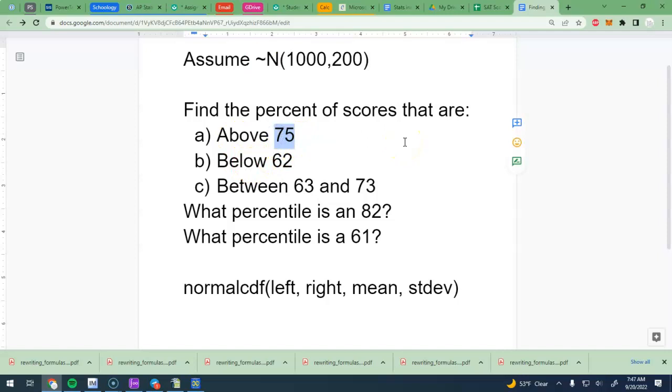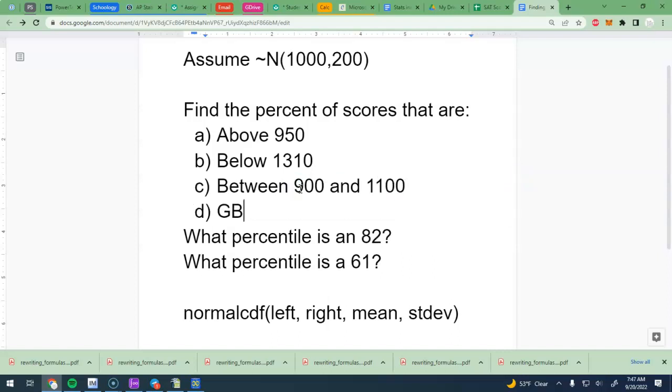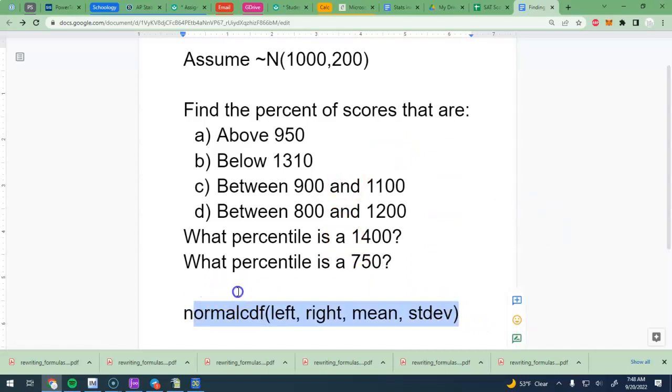So find the percent of scores that are, let's say, above 950, below 1310, between 900 and 1100. I'm going to add one: between 800 and 1200. What percentile is a 1400? What percentile is a 750?